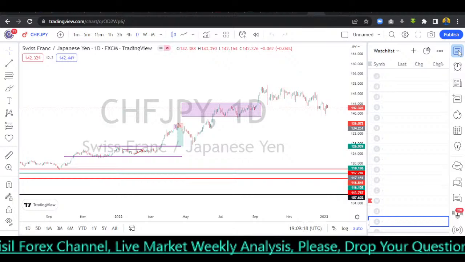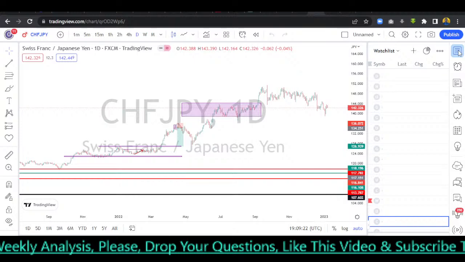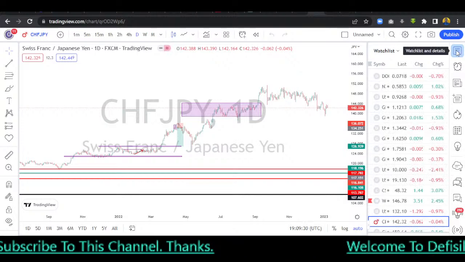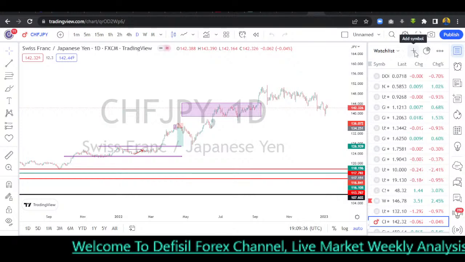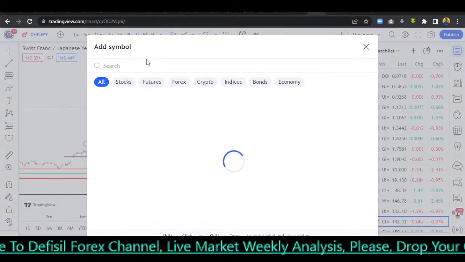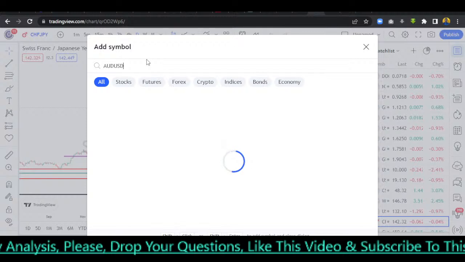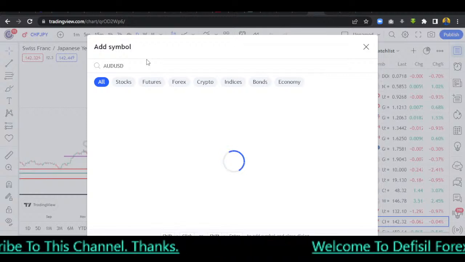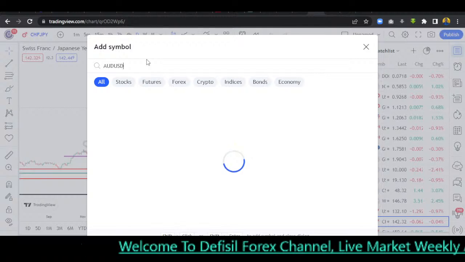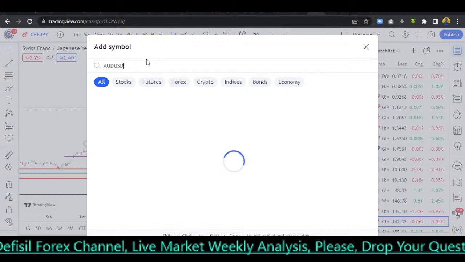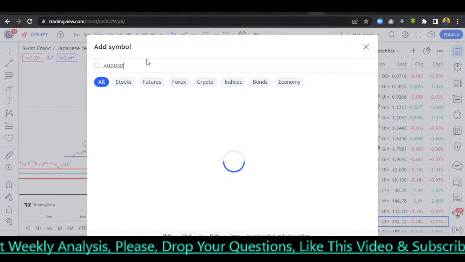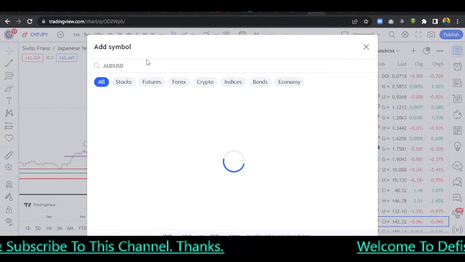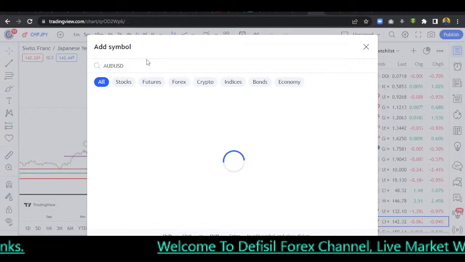Let's start with the Aussie. The Aussie is taking much time to load.